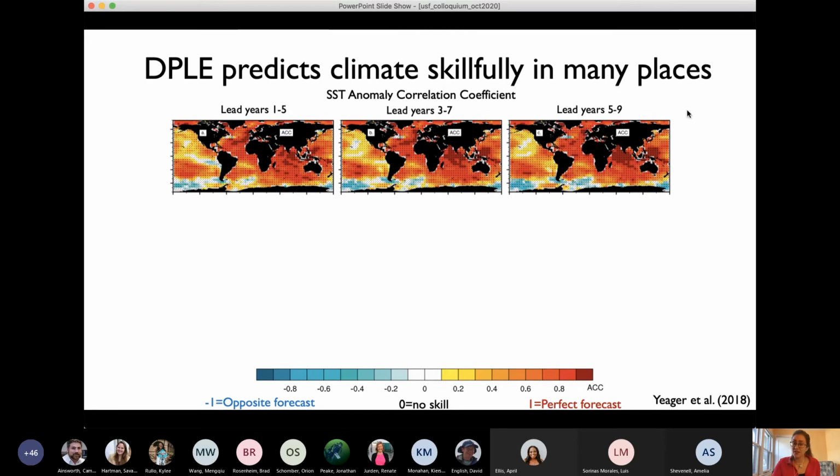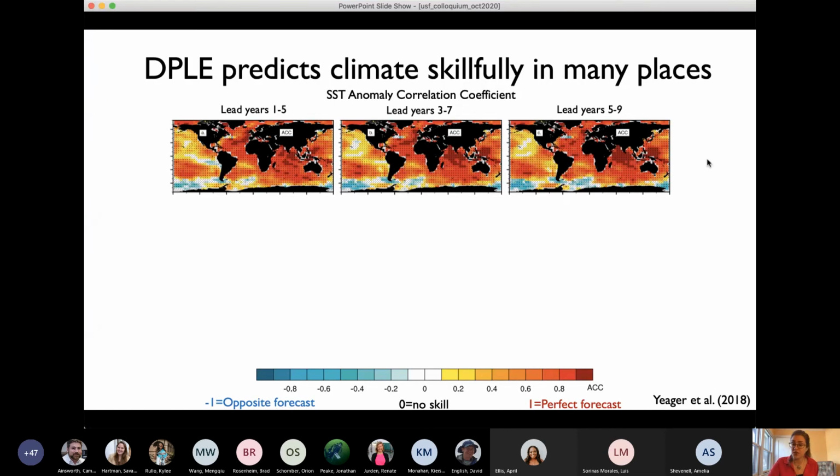So even out almost 10 years, you can see there are places where you have quite good forecasts with correlations above 0.8, particularly in the Indian Ocean and the North Atlantic. So we have 2 bars to get across, because you could argue that all of this is occurring due to global warming. It's getting warmer, so as long as you have global warming in there, you're going to have good skill. Everything's going up.